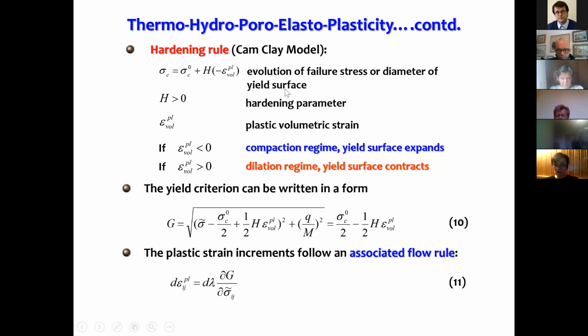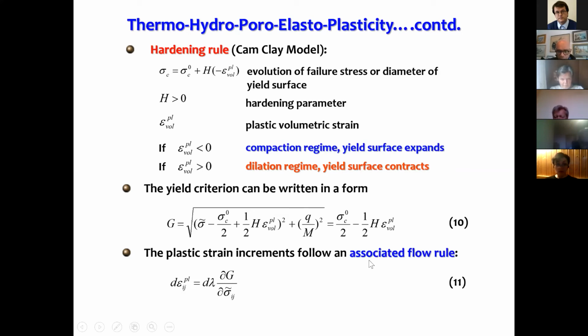So in the hardening rule, you have a hardening parameter. There's a plastic volumetric strain which goes into the hardening rule there. And then there's also a compaction regime as well. So if there's lowering of the stresses, that can also cause the yield surface to either expand or contract. So these things are readily available.